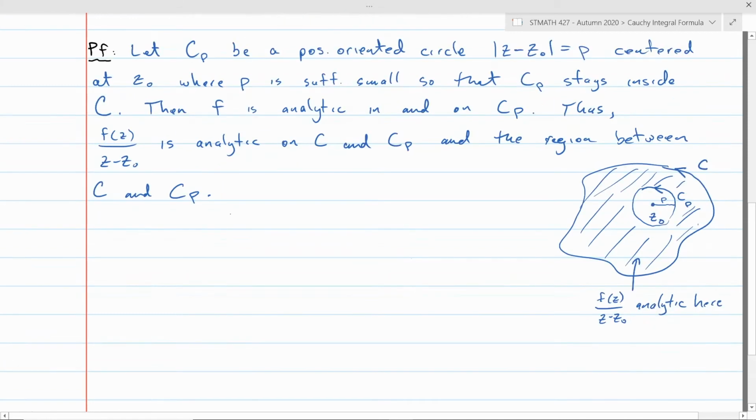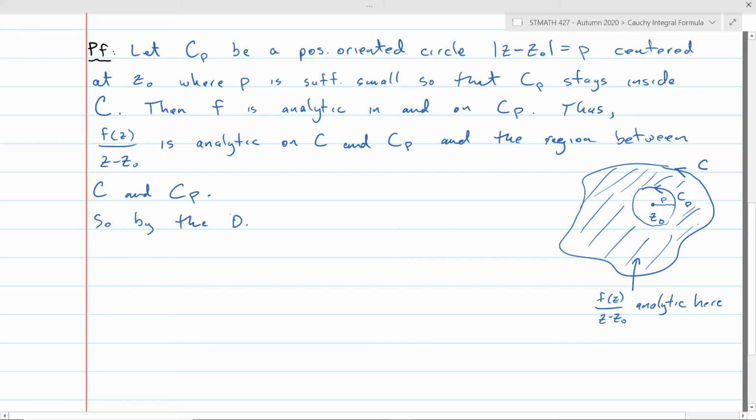Now you may remember we had the deformation of paths theorem that says that if the function you're integrating is analytic on and between those curves, then the integral of that function along either contour is the same.